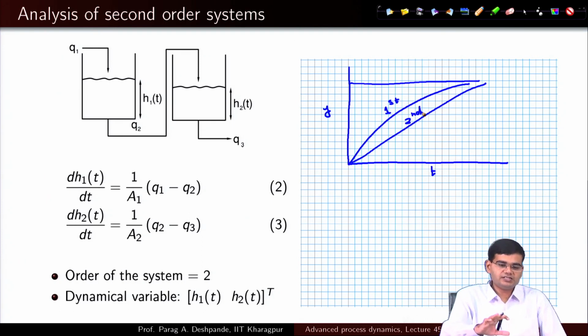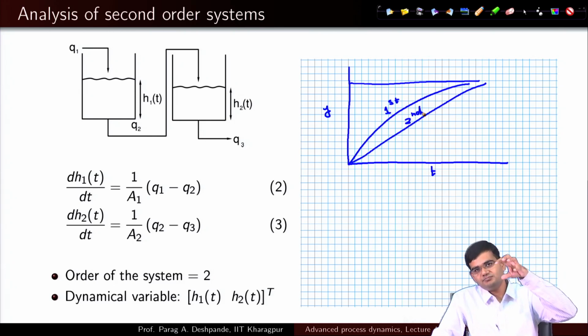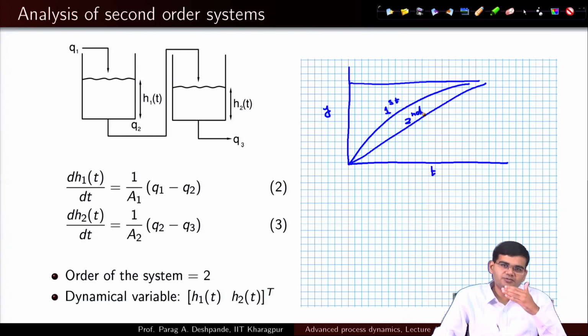In this particular setup, what was done was that you have a tank in which you give the input, and the output from the first tank was fed as the input for the second tank, but let us go into more details about the construction.